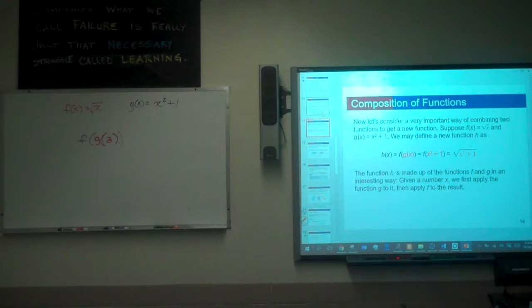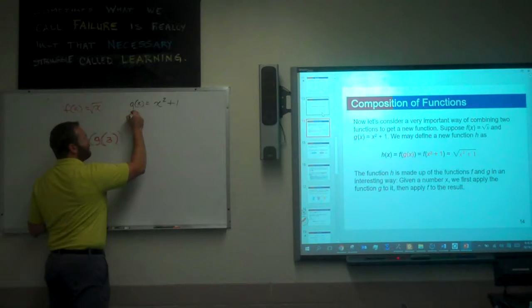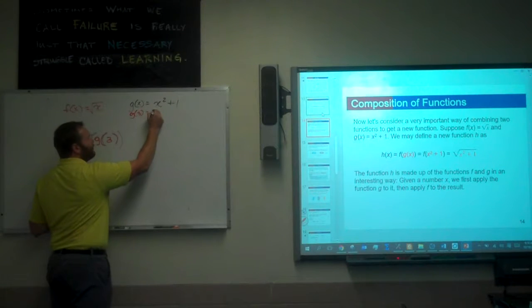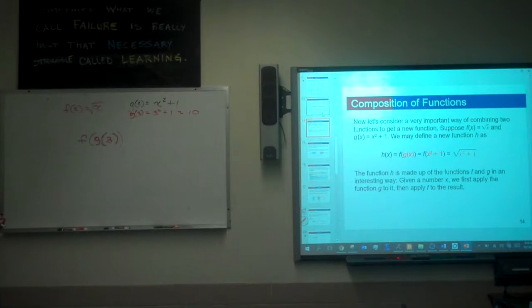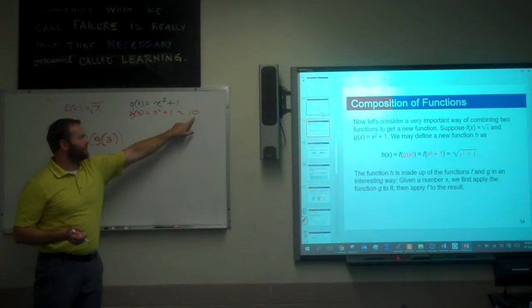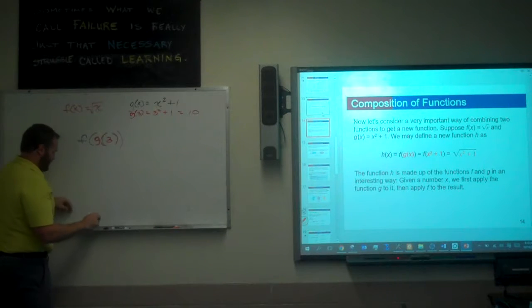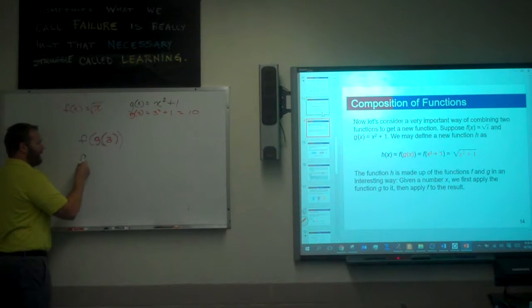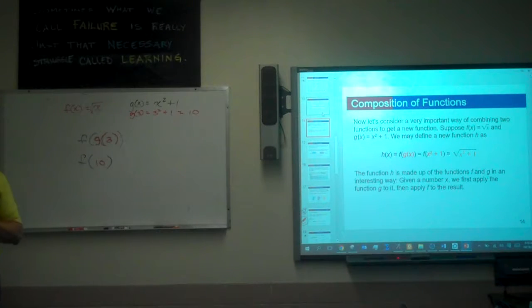So I work on the innermost function first. I'm going to evaluate what g of 3 is. Well, I'm going to come up here, put 3 in for g, and it's going to spit back 10 to me, right? So with an input of 3, g of 3 is equal to 10. So instead of writing this as f of g of 3, can I rewrite it as f of 10? That kind of makes sense?